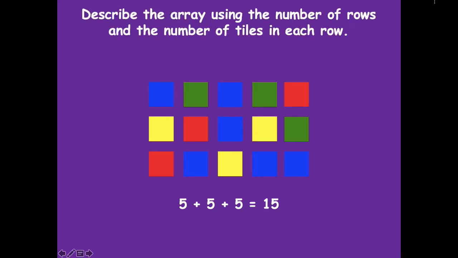Describe the array using the number of rows and the number of tiles in each row. So you would say like how many rows of how many tiles in each row. It's kind of what you're thinking. So we could describe it as 3 rows of 5 tiles.